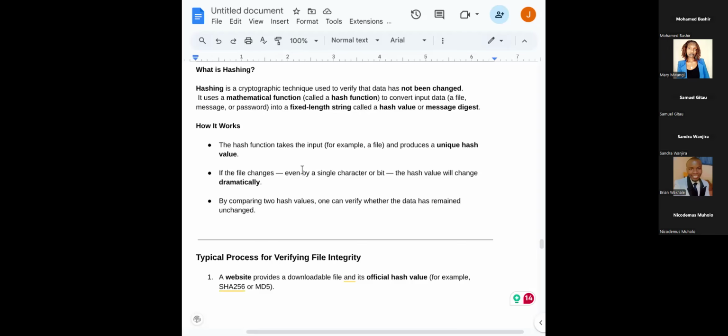All right, so let's proceed with hashing. So who can tell me what is hashing? In your who knows what hashing is?